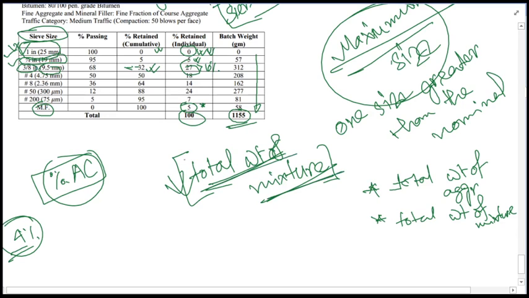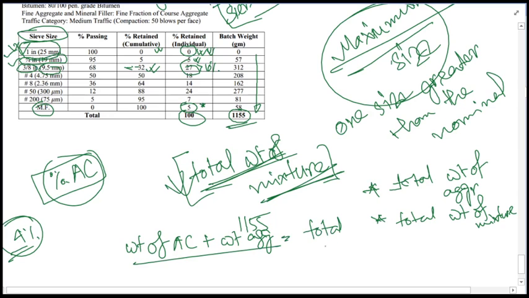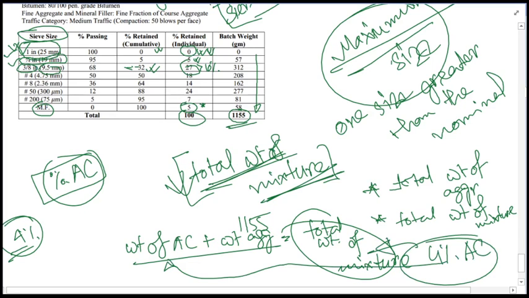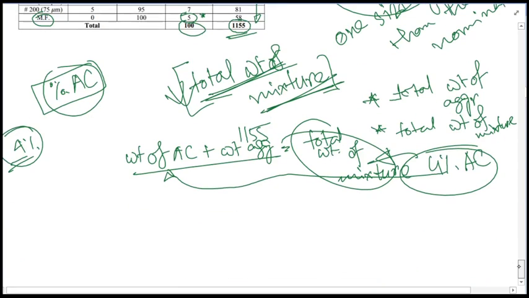The weight of asphalt content plus the weight of aggregate, that is 1155, will be the total weight of mixture. And as this is the total weight of mixture, 4% of this will be the asphalt content. So you will have to calculate it like that.